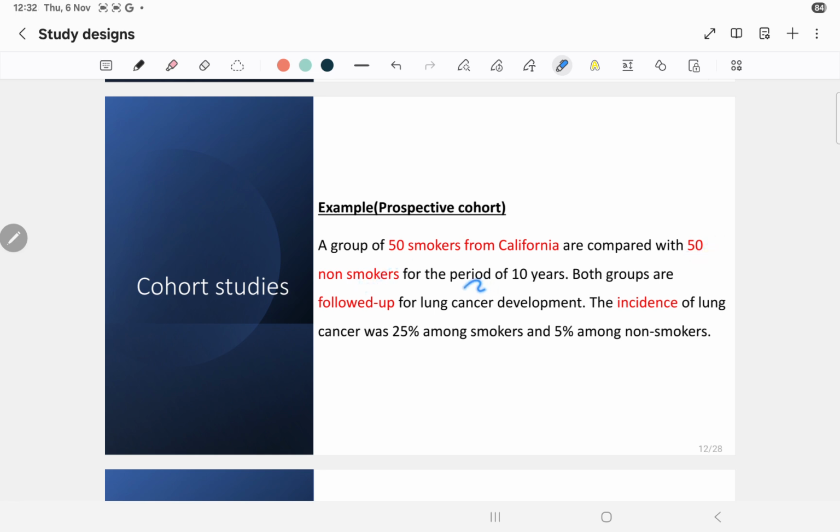We are following them up over the period of 10 years for the risk of lung cancer development, and we are measuring incidence. That is the design of a cohort study as we have discussed before, and we measure incidence from cohort studies because we are following the patients over a period of time and certain people can develop the new disease, so we can calculate the incidence.